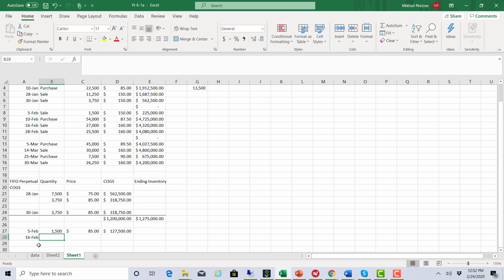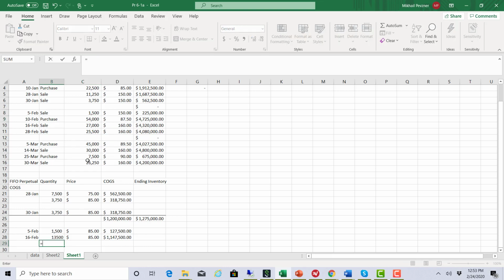First we'll have 13,500 from this layer to zero it out, and remember it was at $85. So none of this inventory is left. The rest will have to come from the $54,000 purchase.